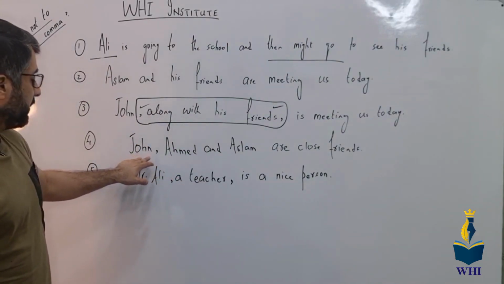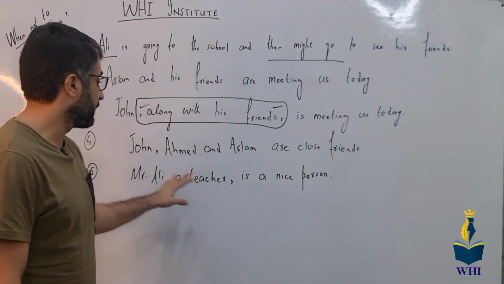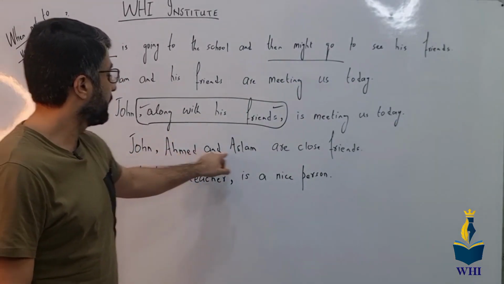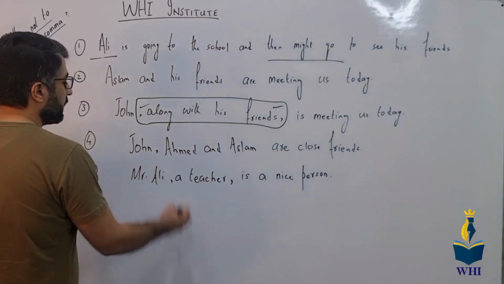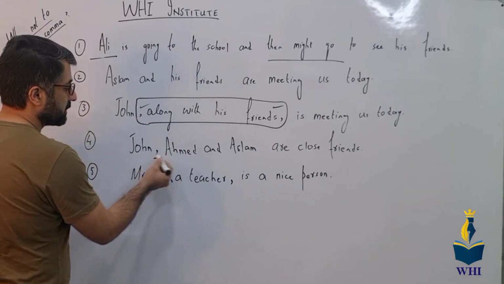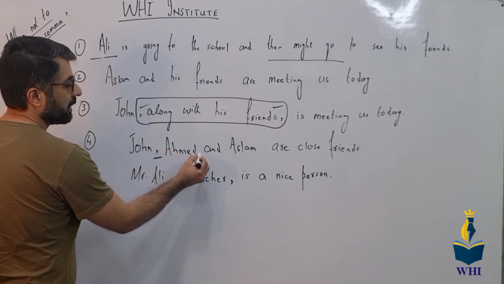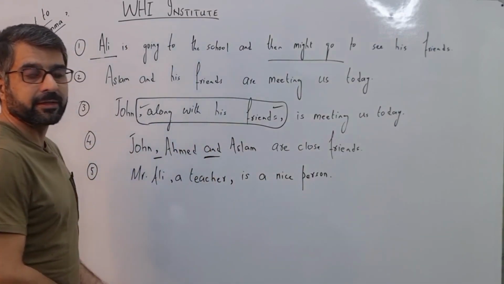Similarly, if you use more than one noun, for example, John, Ahmed, and Aslam are close friends. Again, I have separated these nouns with the help of commas, John, comma, Ahmed. But I haven't placed a comma with the coordinating conjunction here.